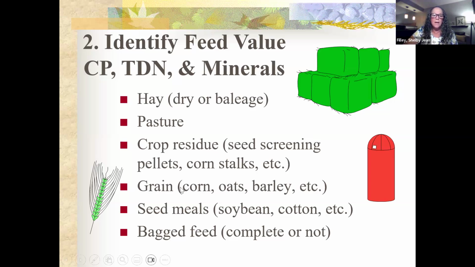But grain and seed meals are pretty consistent, so you can use book values or table values for those. And the bagged feeds, you should have the labels that will tell you what is in the feed and how to feed that.